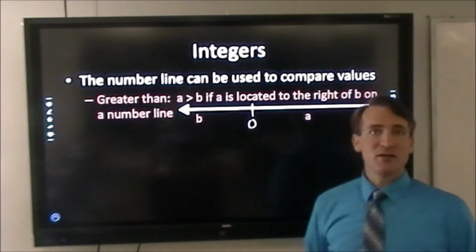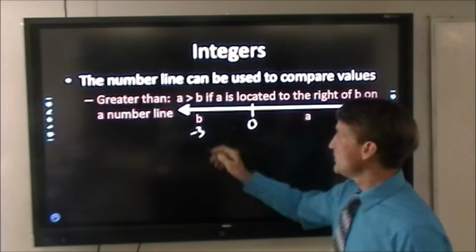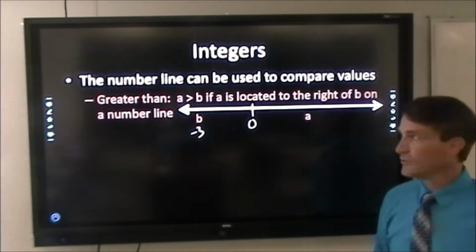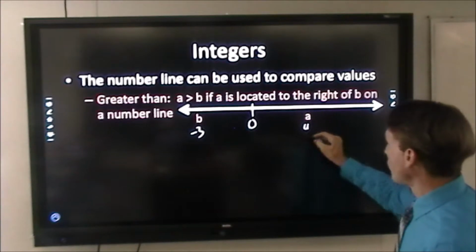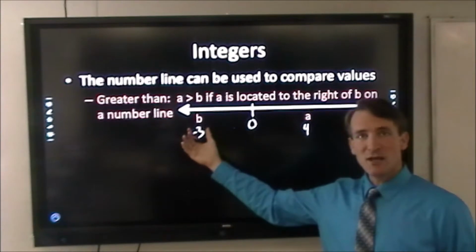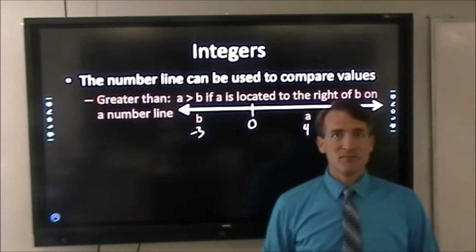This side on my number line would be the negative values, let's just say -3. On this side of 0 would be my positive values, such as the number 4. So 4 is greater than -3, so A is greater than B.